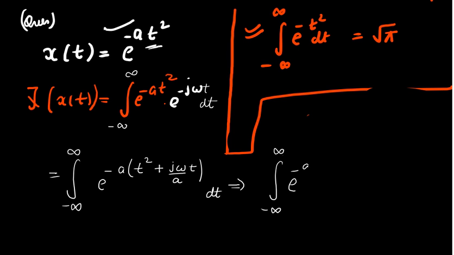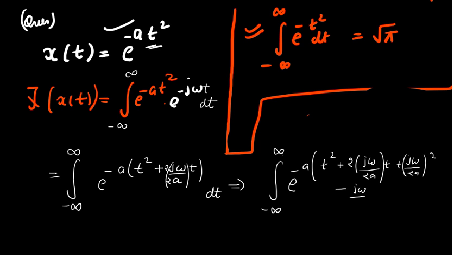For this, we will add the square of the quantity inside the bracket, and also subtract the same quantity, so it will not make any difference.